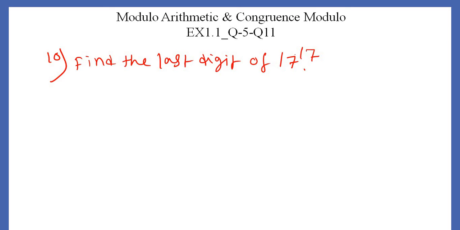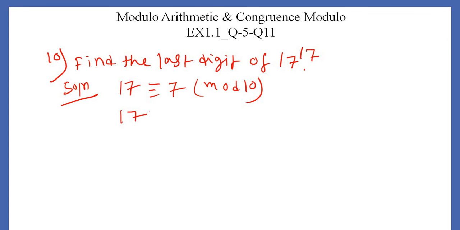Now if we divide 17 by 10, what would be the remainder? 7. Therefore we can write 17 congruent to 7 mod 10, because if we divide 17 by 10, then 7 is the remainder. Now applying the property of exponent in modulo arithmetic, we can take the power 2 on both sides.